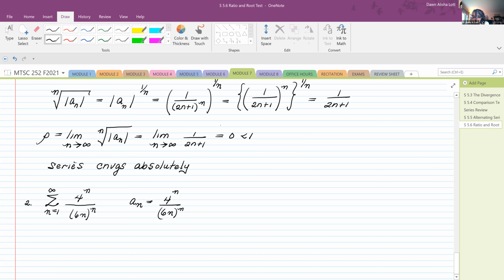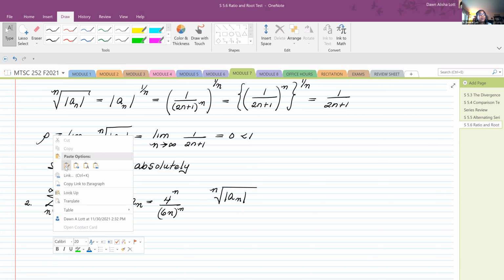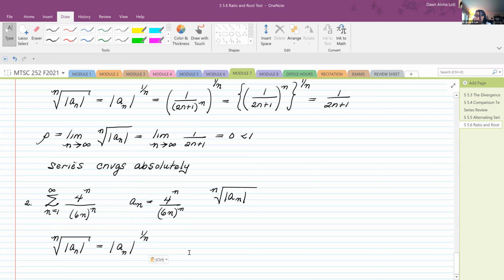So now what's the nth root of a_n? If it's positive, I don't have to worry about absolute value. So I just need the nth root of a_n, or the absolute value of a_n. I'll write that even though it's fine. So that's what I need to find. It says take 4 to the n over (6n) to the n and raise it to the 1 over n power.